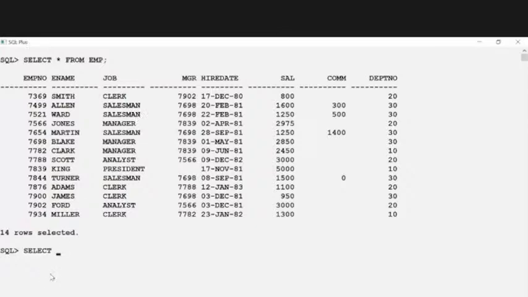Select star from EMP where the salary equals to max.